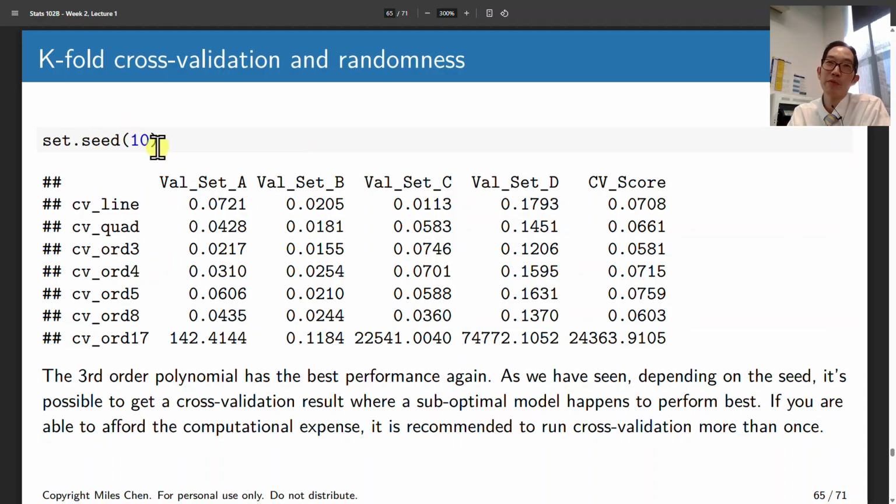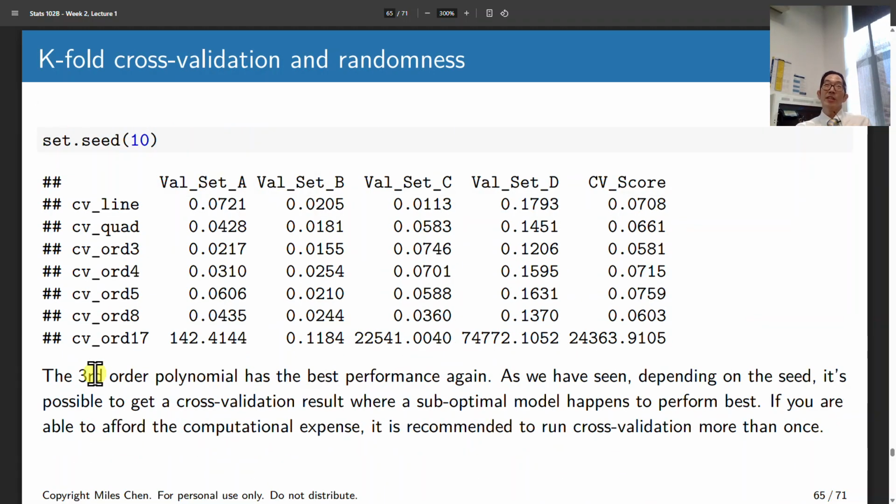And so here I run it a 3rd time just to see how it goes. And this time, 3rd order polynomial does well, and then the 8th order polynomial is now second best, okay? And so depending on the seed, you can get different cross-validation results, okay?